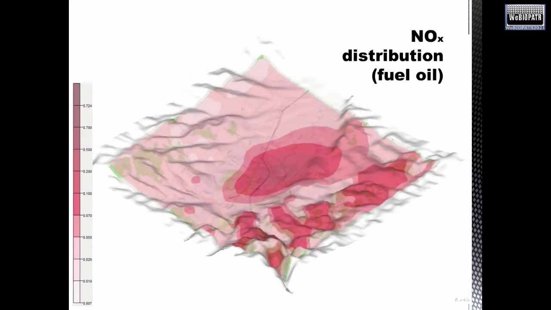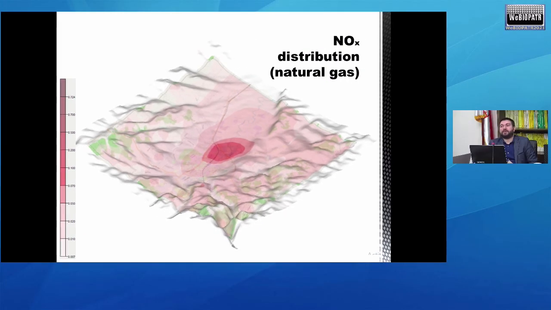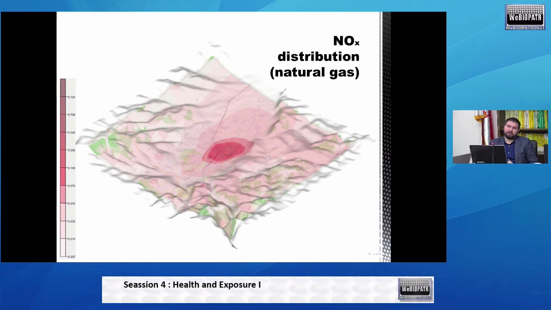And lastly, I believe this is the NOx distribution. It follows a similar pattern, and this is the distribution for the natural gas. I do have to note that the boilers, even though they are very close and have very similar physical properties, differ in that the fuel oil boiler operates at a power of 50 megawatts, and the natural gas boiler operates at 30 megawatts.